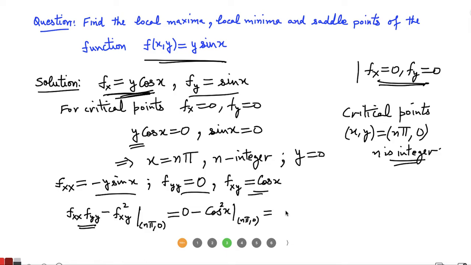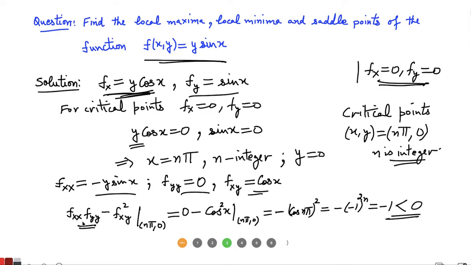That means minus cos squared of n pi. We know that cos of n pi is minus 1 raised to the power n, and so when squared, clearly it is equal to minus 1, which is a negative number.